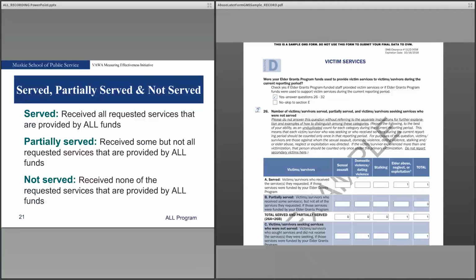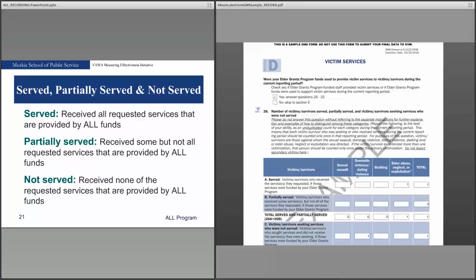Now, when considering whether to count the victim survivor as served, partially served, or not served, you are working off 3 different definitions. You would count the victim as served if they requested grant-funded services and your program was able to provide all of those services.